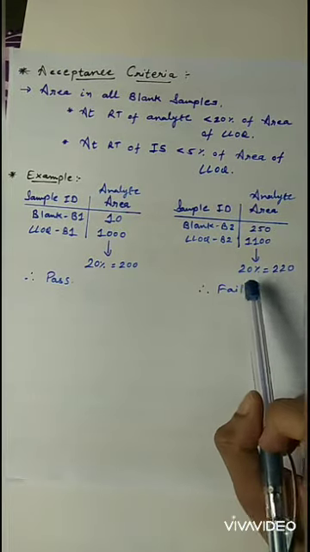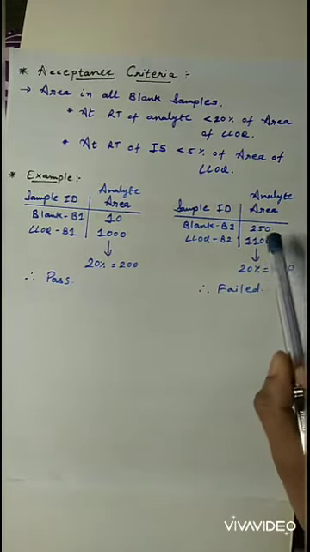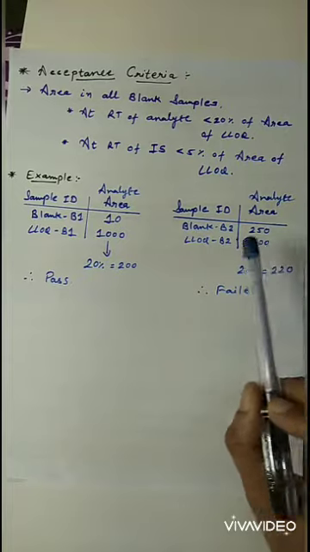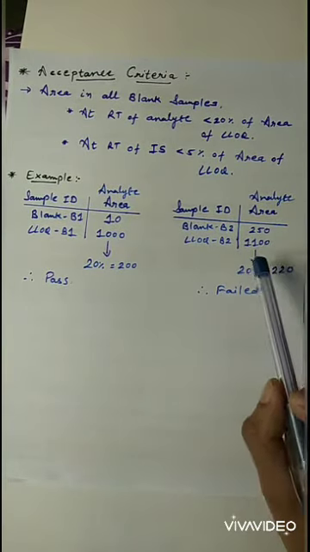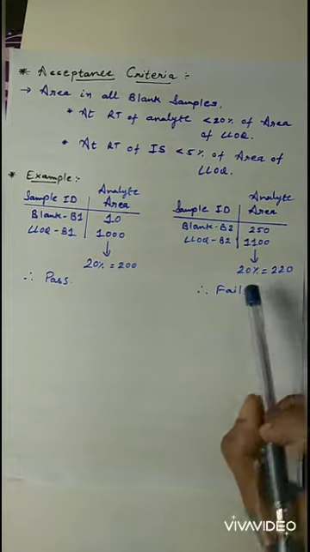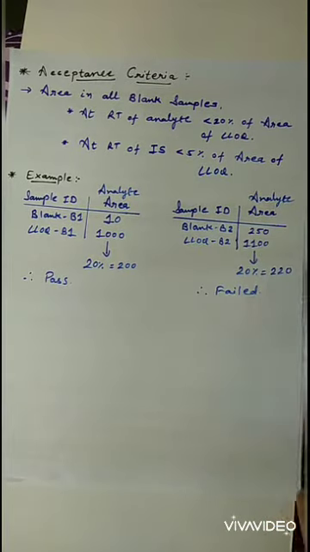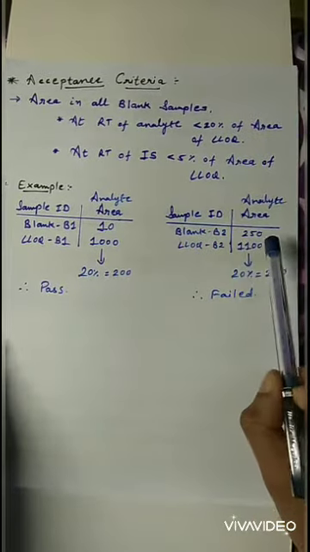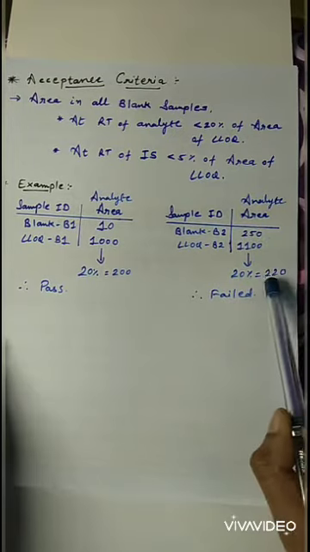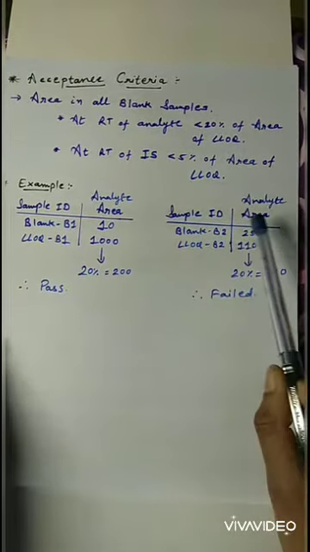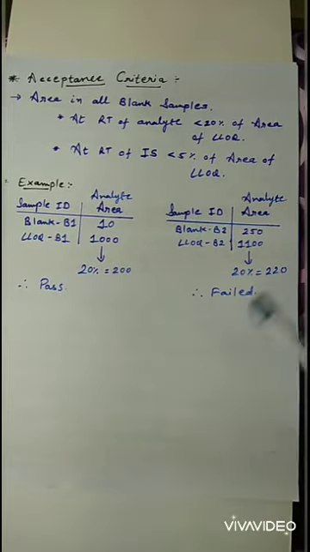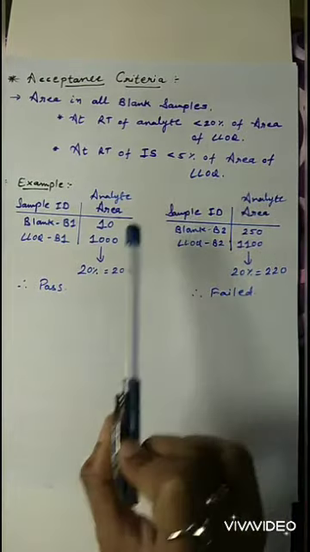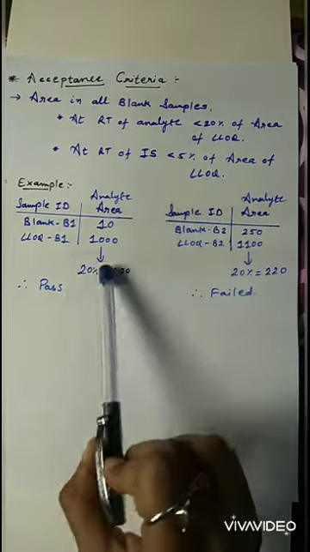Now, if we calculate 20% of the LLOQ area, sorry, 1100, 20% of 1100 is 220. Now here the blank area is 250, which is more than 20%. So as per the acceptance criteria, this lot fails. In the same way we calculate for the other lots and for IS also. But for IS we calculate just 5% instead of 20%.